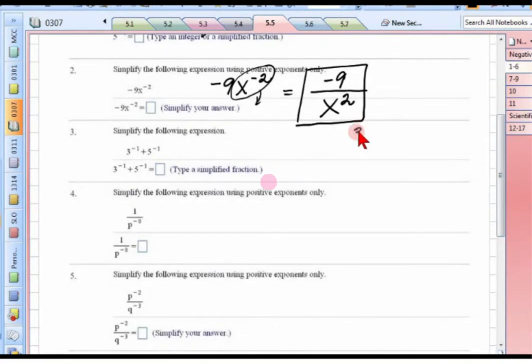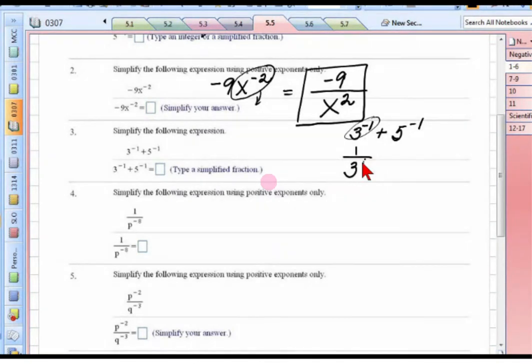I have 3 to the negative 1 plus 5 to the negative 1. What does 3 to the negative 1 tell you to do? Move it. That becomes 1 over 3 to the positive 1, but do I write a positive 1?